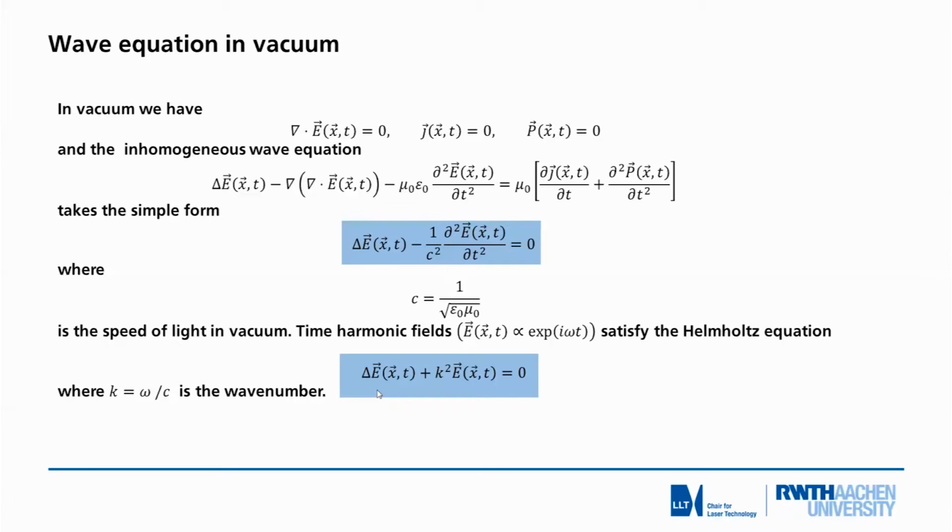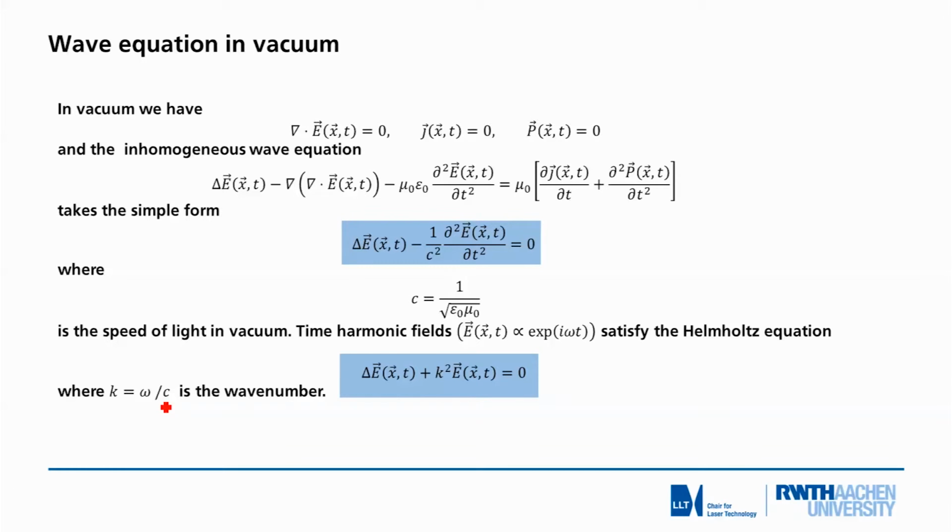That basically gives us what we call the Helmholtz equation, which is maybe the wave equation that is familiar to you already. And that again correlates the second derivative of the electric field in space simply with the field magnitude itself. The proportionality factor is the wave number k, which is correlated to the frequency of the light in the manner shown here.